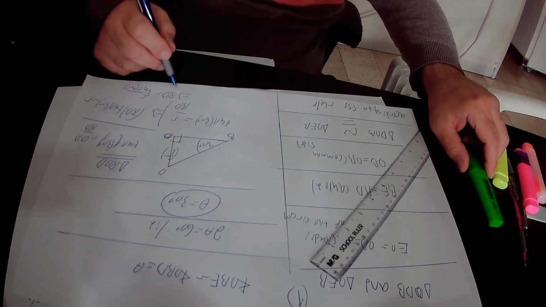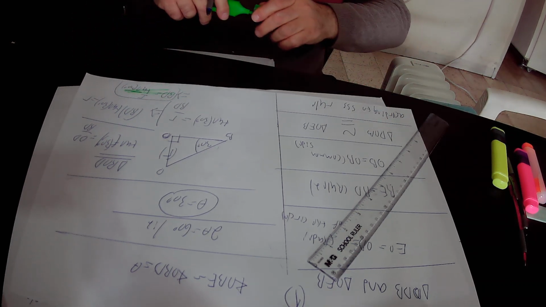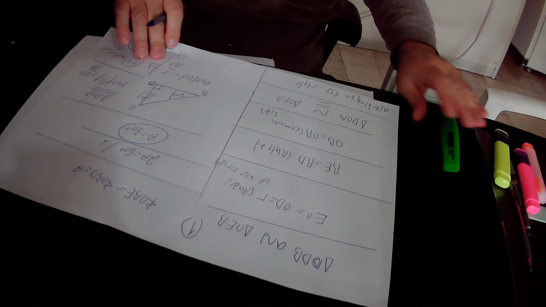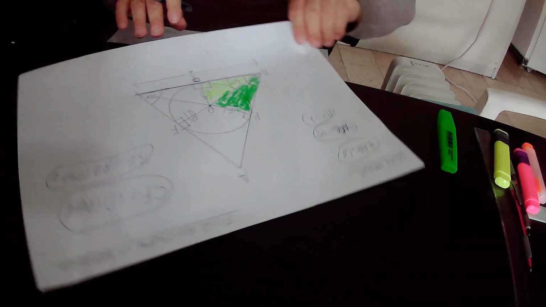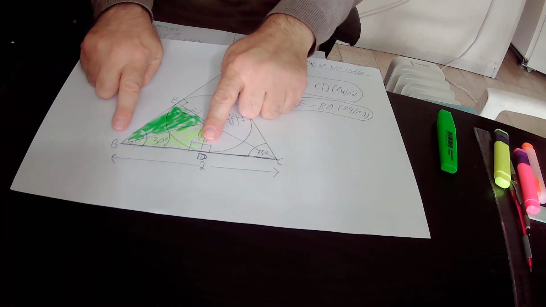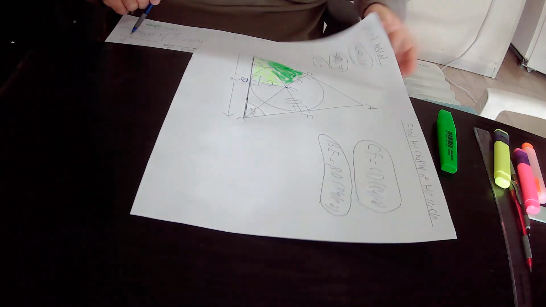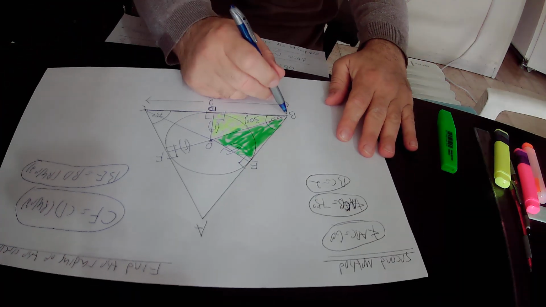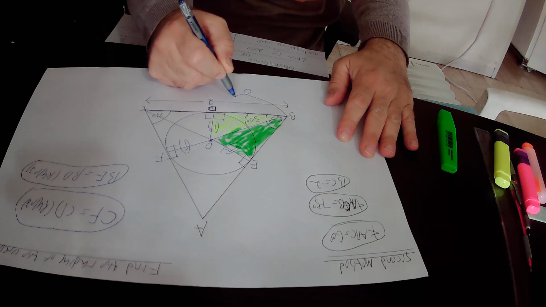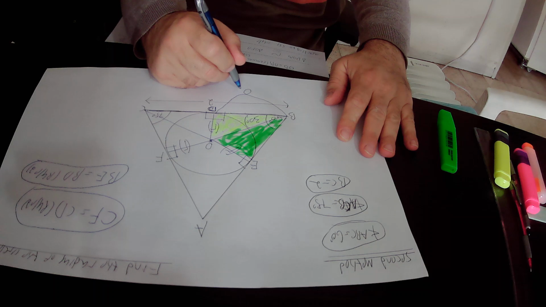So this line segment BD equals R over tangent 30 degrees in its length. So I write it down here in the drawing. Side BD equals R over tangent 30 degrees.